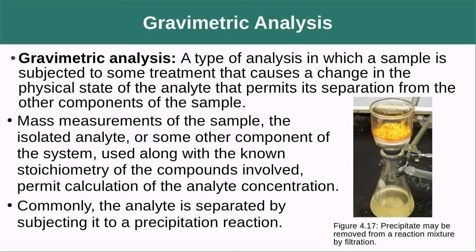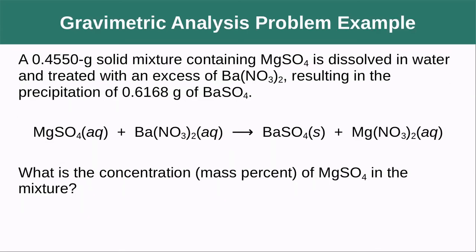Mass measurements of the sample, the isolated analyte, or some other component of the system, used along with known stoichiometry of compounds involved, permit calculation of the analyte concentration. Commonly, the analyte is separated by subjecting it to a precipitation reaction. So we precipitate out things that we want to analyze, and then we'll weigh them.